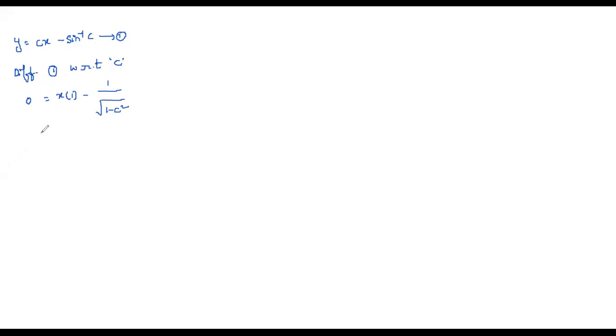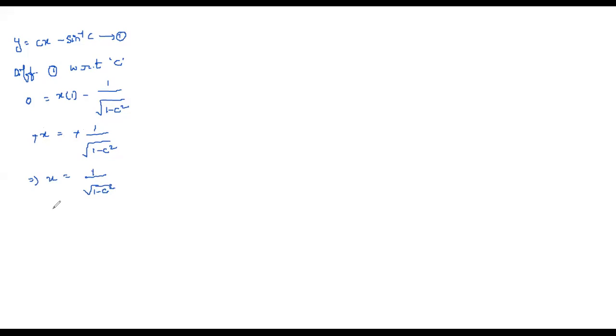Now take x to this side: minus x is equal to minus 1 by square root of 1 minus c square. The minus signs cancel, so x is equal to 1 by square root of 1 minus c square. From this I need to eliminate c.